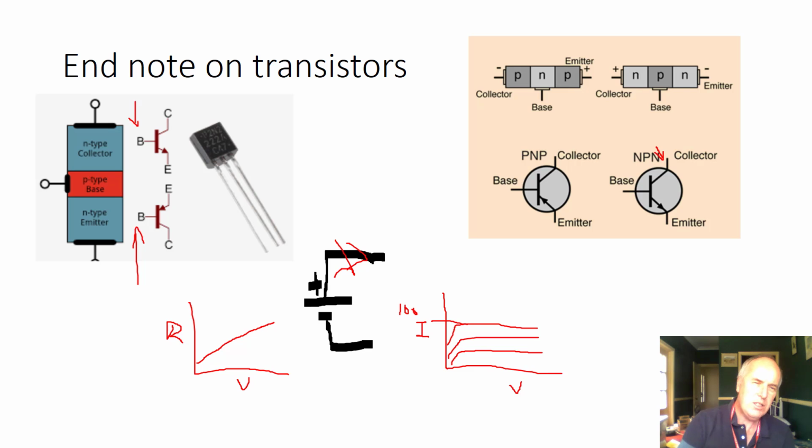So let's just summarize again. These arrows here must always be going in those directions. If the arrow is going towards the base, it's a PNP. If it's going away from the base, it's an NPN, with two configurations.